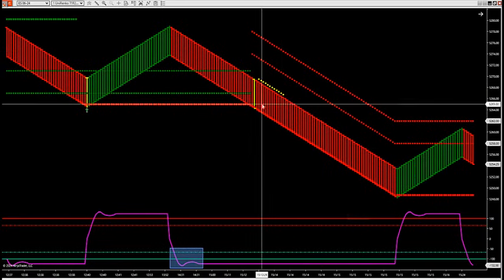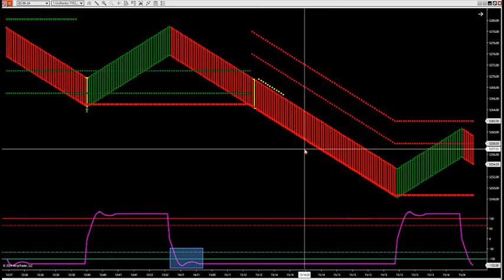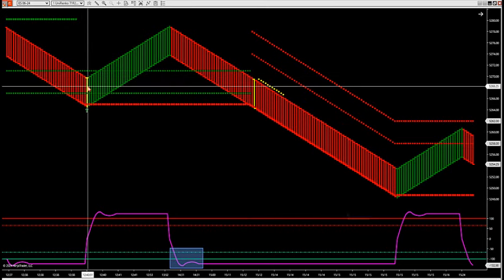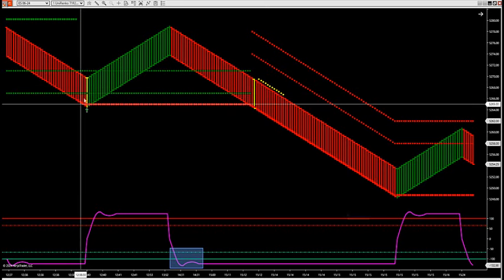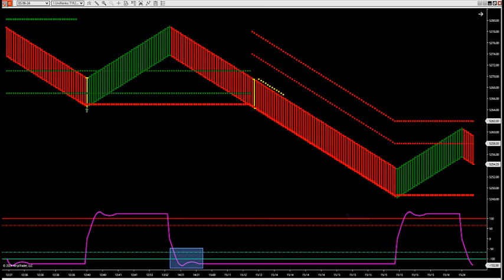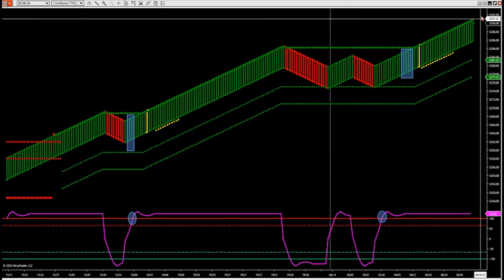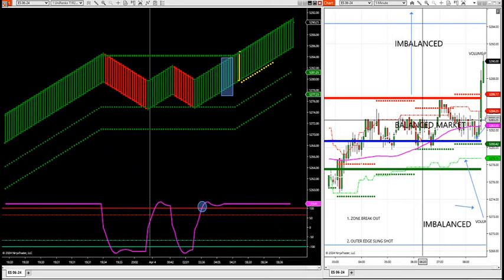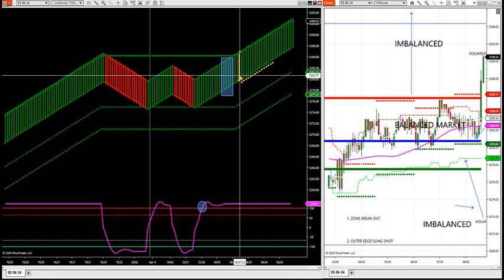All right, now these are zone breakdowns, and this is the outer edge trade. The outer edge trade, remember, can be in a balanced or imbalanced market. That's where we're getting outside of the zone and closing back inside, and your yellow bar will form for an outer edge trade. All right, so that's using Market Profile with entries off of the other Rico bars.